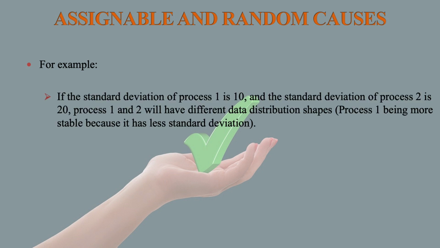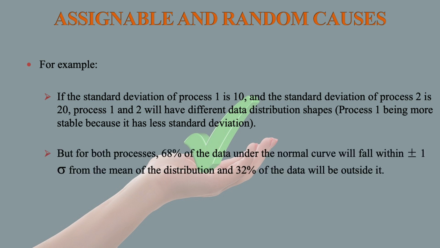For example, if the standard deviation of process 1 is 10 and the standard deviation of process 2 is 20, process 1 and 2 will have different data distribution sets, process 1 being more stable because it has less standard deviation, but for both processes 68% of the data under the normal curve will fall within plus minus 1 sigma from the mean, and 32% of the data will be outside it.